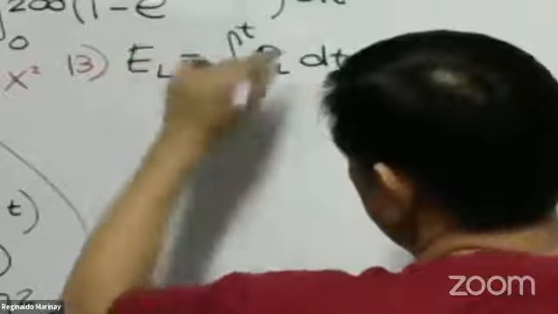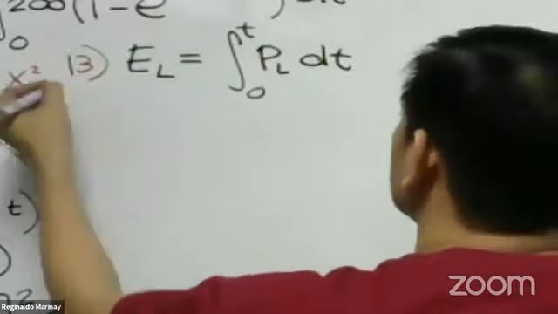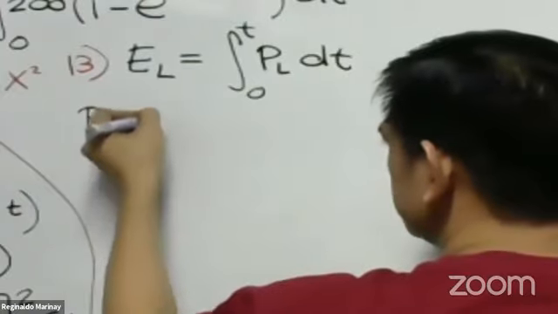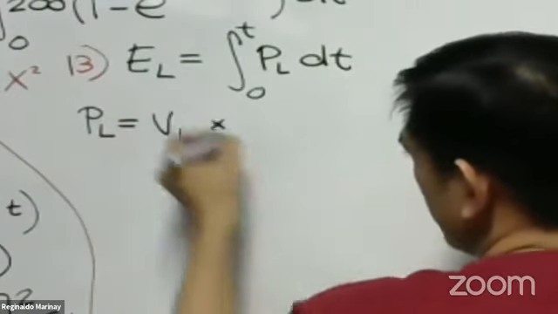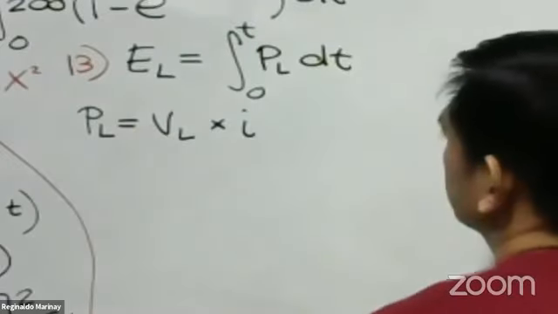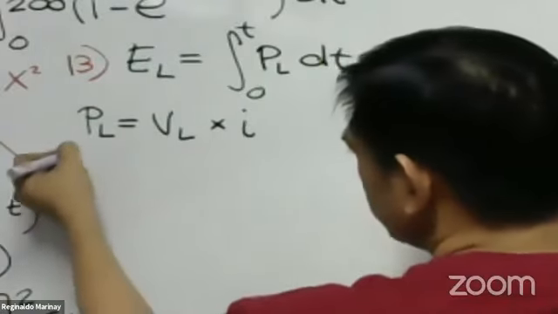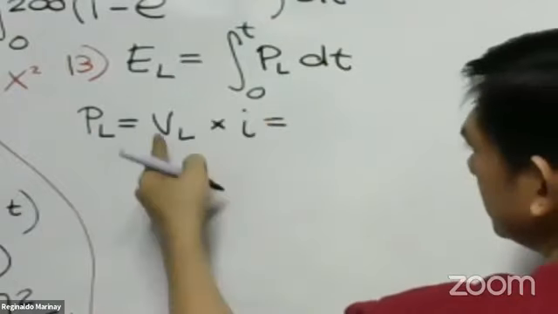By the way, first I will get our PL, guys. PL is simply equal to VL multiplied by I, because power is equal to voltage times current. Again, what is the formula for VL?